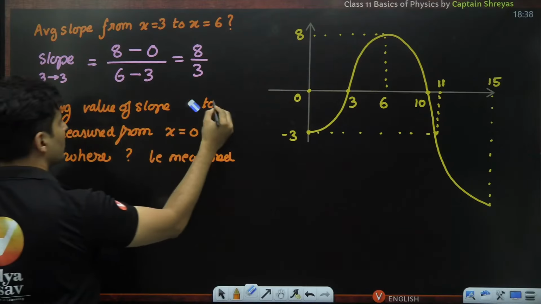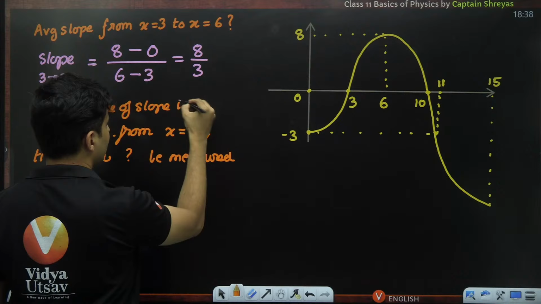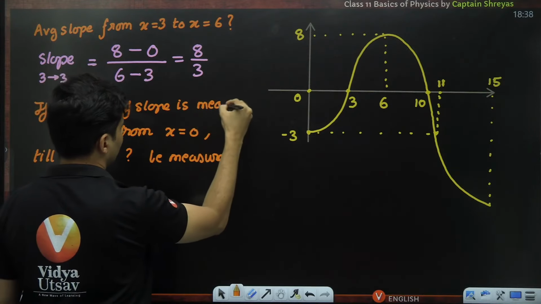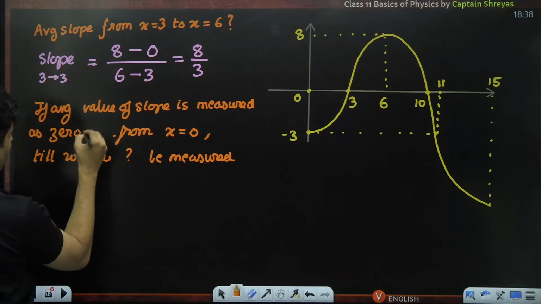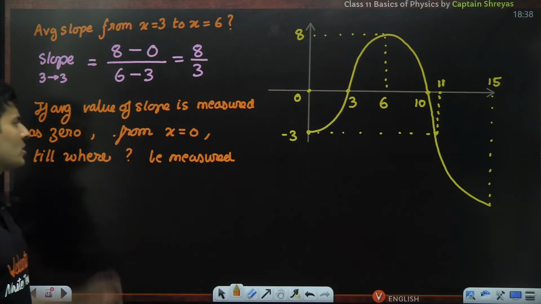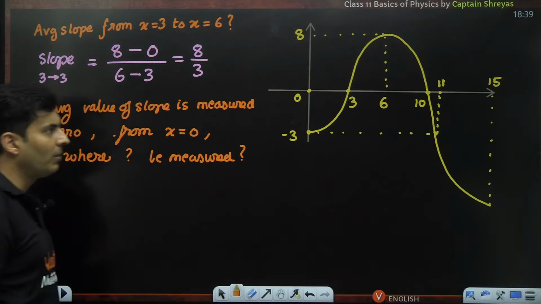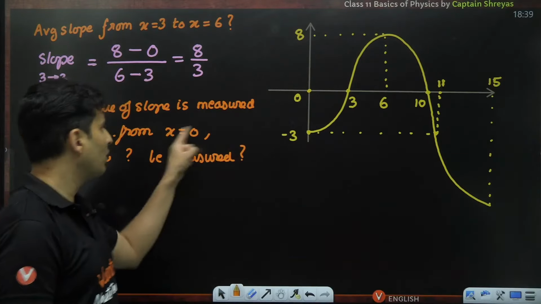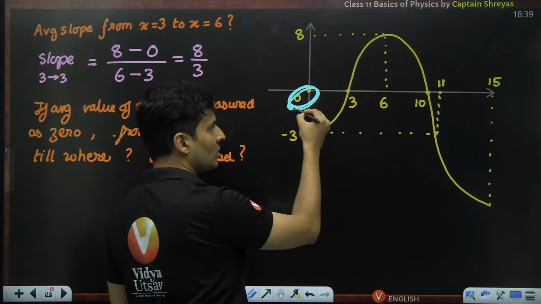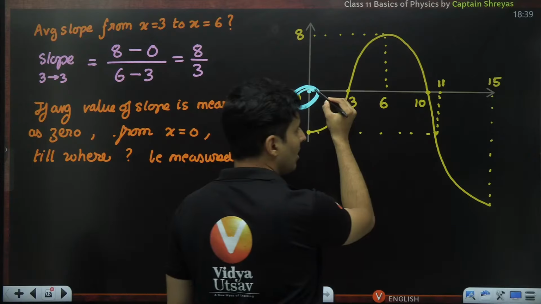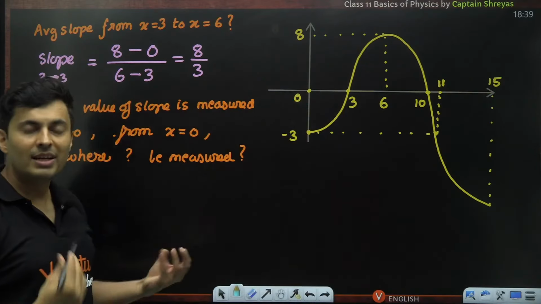If the average value of the slope is measured as 0, from x equals to 0, till where should it be measured so that the average slope is 0? So it is starting from x equals to 0. So think about it. X equals to 0 means over here.